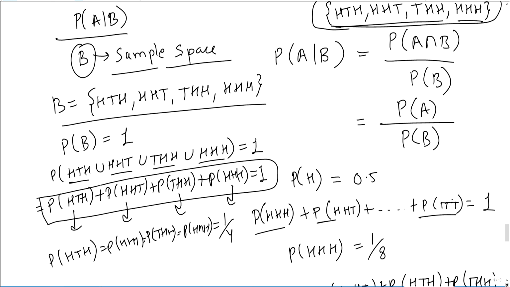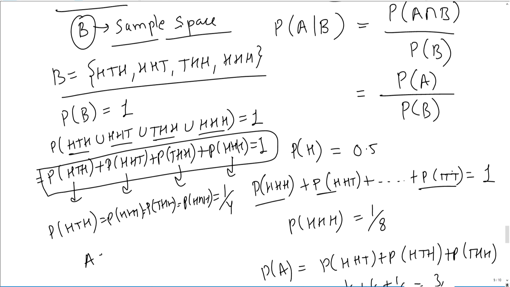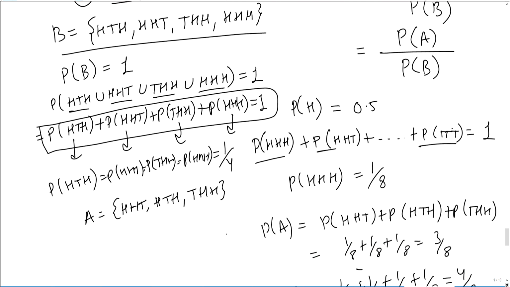Now, that is it. Now, you only need to calculate probability of A. So, what is A? Event A is the event containing exactly 2 heads, HHT, HTH and THH. So, that means probability of A will be probability of HHT plus probability of HTH plus probability of THH.